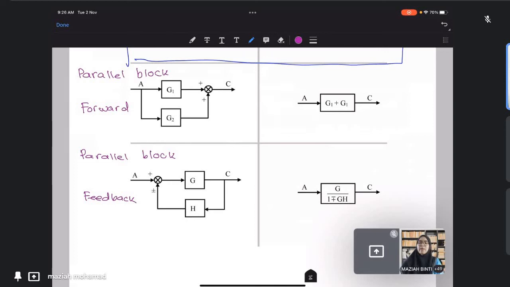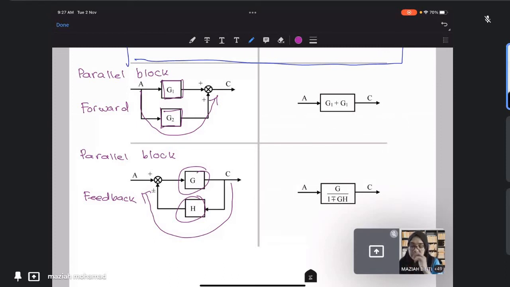You can see there are 2 blocks in parallel, but this one here is forward, toward the output. As for this one, this is also parallel, but here we have a feedback. We feed to the back, so it is feedback, right?